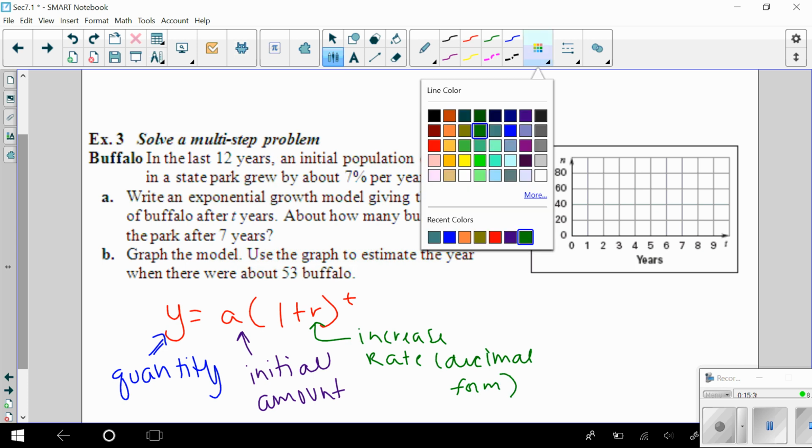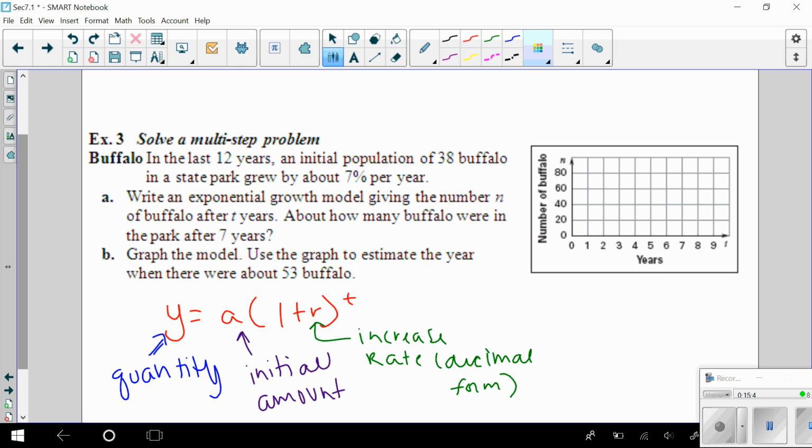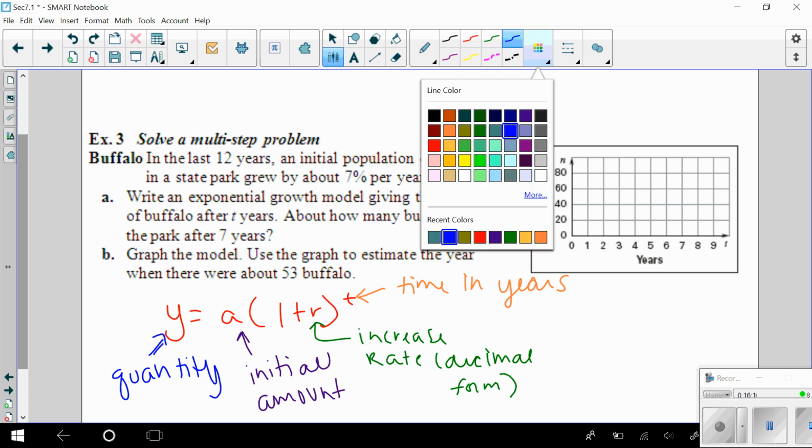And then lastly, t is going to be our time, and we're going to use time in years. So here it's asking us to write an exponential growth function giving the number n, which is the quantity of buffalo after t years. So that's our time.